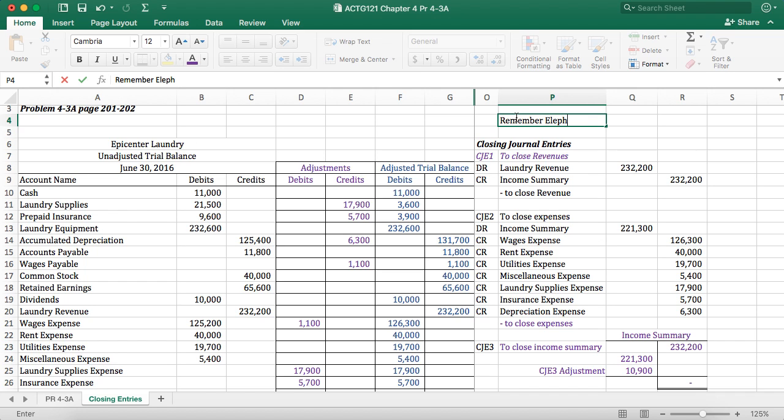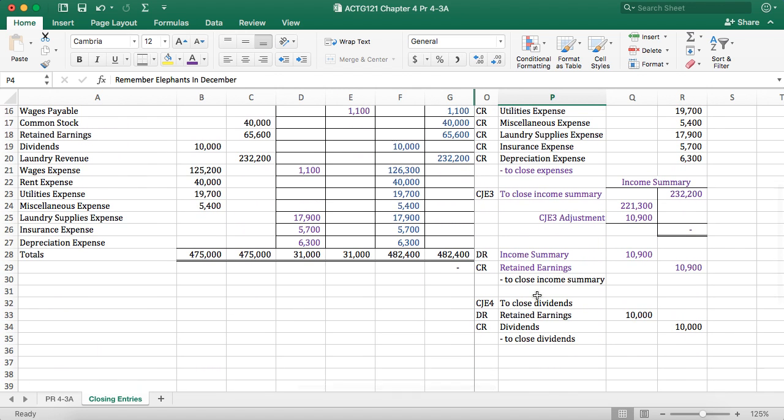Remember elephants. The E should hopefully remind you of E in expenses. In hopefully reminds you of income summary. And the last word in this little sentence is December, which hopefully reminds you of dividends.